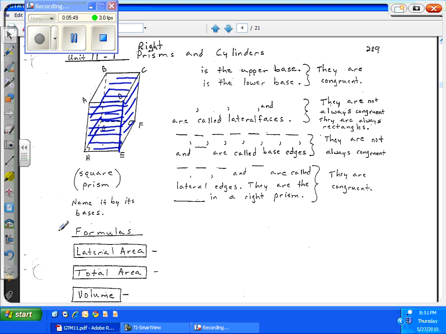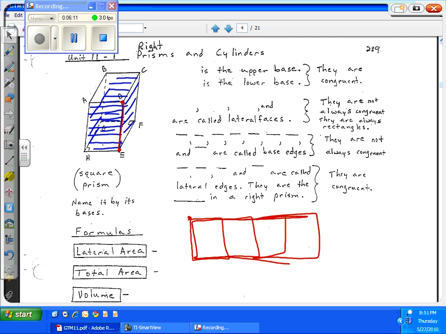Now, if we cut this with a pair of scissors and we folded it out, then what we would have is 4 congruent rectangles. That would be the front. We keep folding, and that would be the left, and that would be the back, and that would be the right. And when we got done, it would fold into one big long rectangle, those sides. The area of a rectangle is whatever the base is times the height.